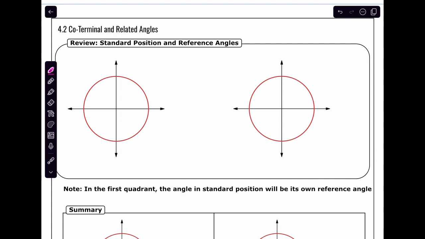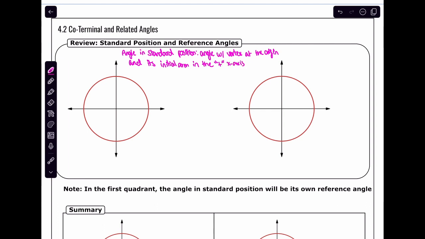An angle in standard position is an angle with its vertex at the origin and its initial arm is in the positive x-axis.